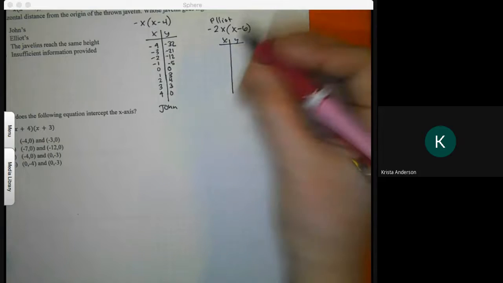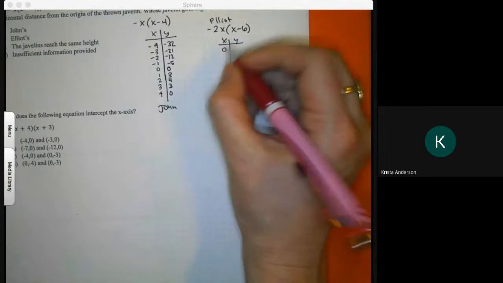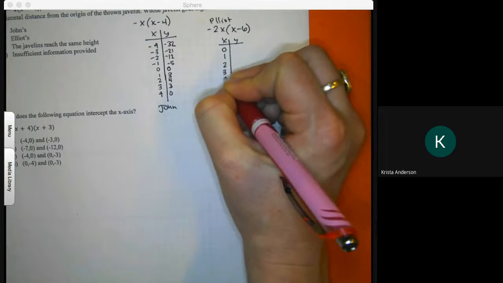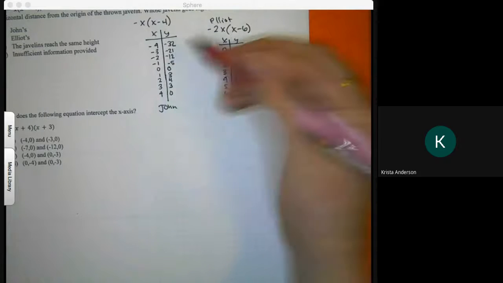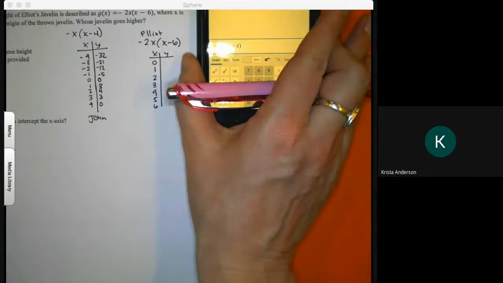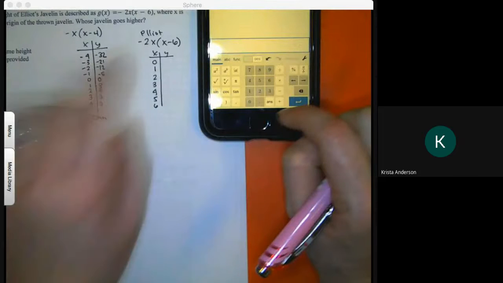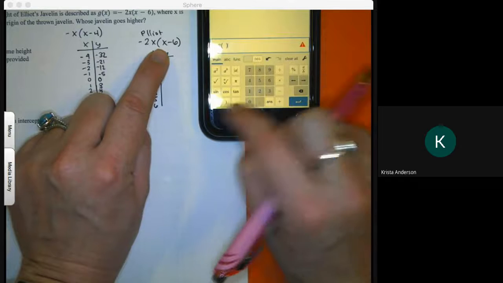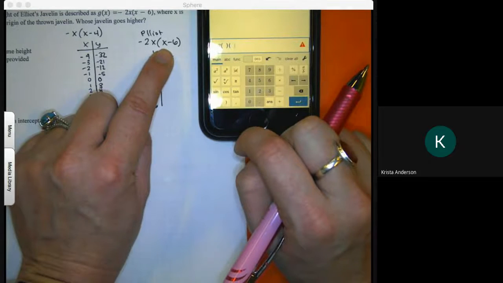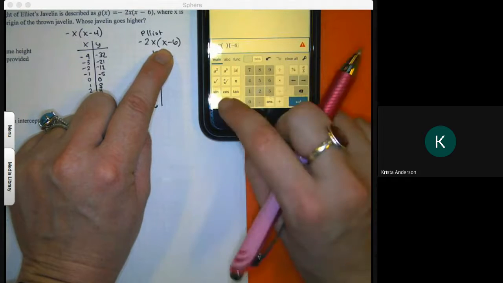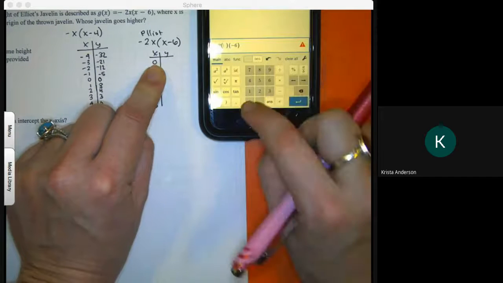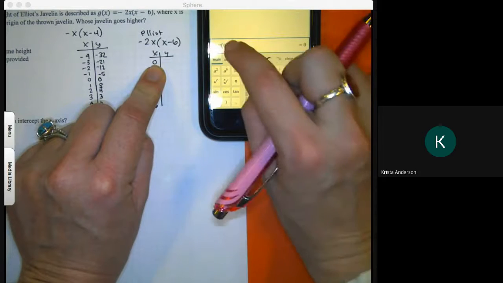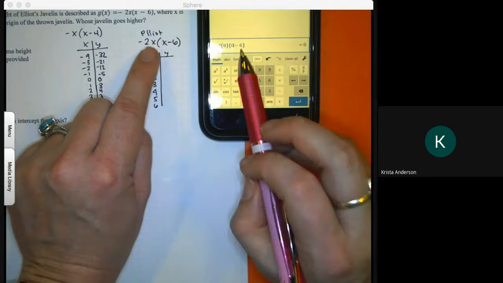So I'm going to start from 0 on this one, because I don't need any of those negative numbers for a height. -2, there's an x right by it. Then in my parentheses, I have an x -6. I'm going to plug in a 0 where both of the x's were located.